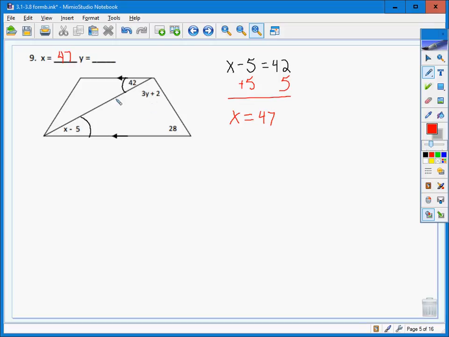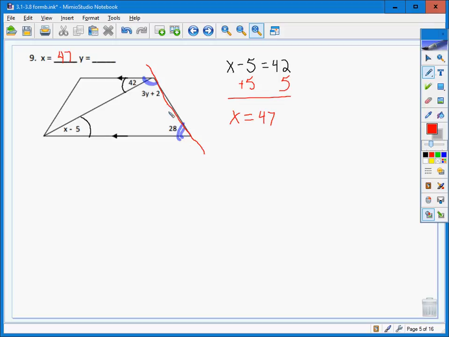Now, if x is 47 degrees, and I take a look at what's left here, this angle, the whole thing, and this angle, the whole thing, would be same side interior angles, with this line being the transversal.